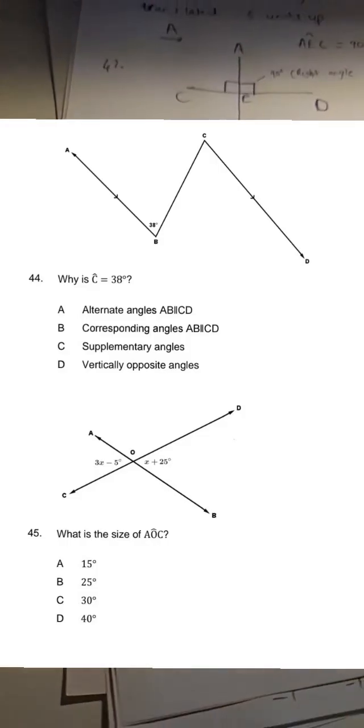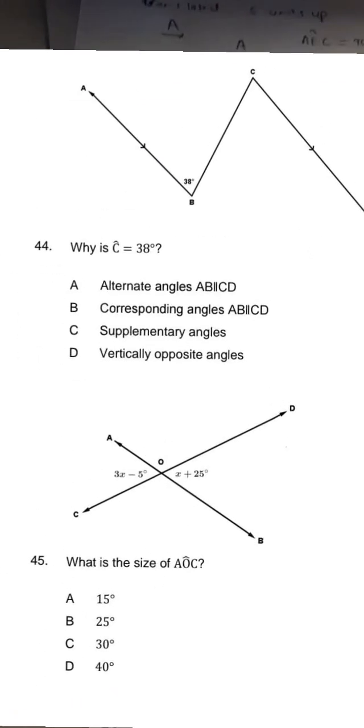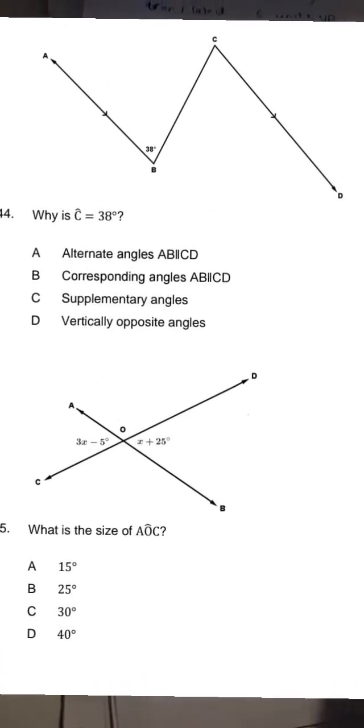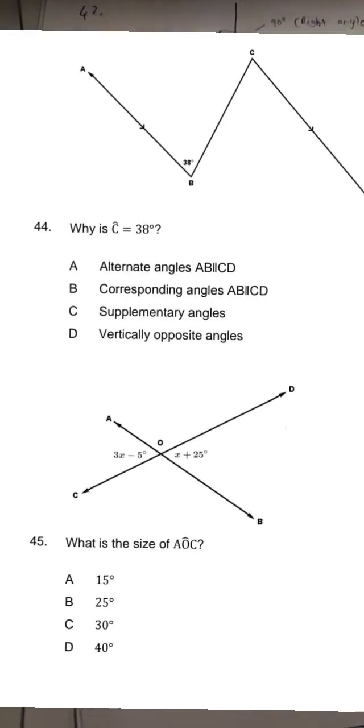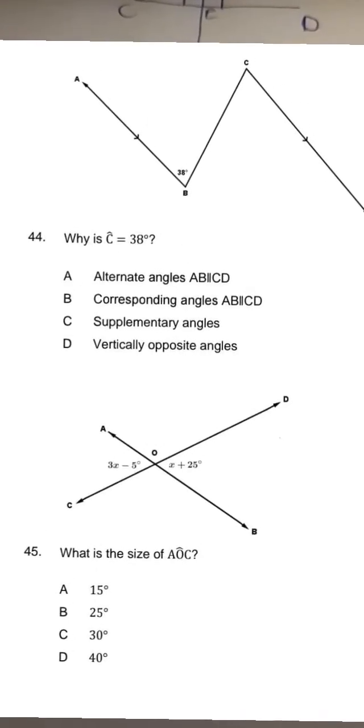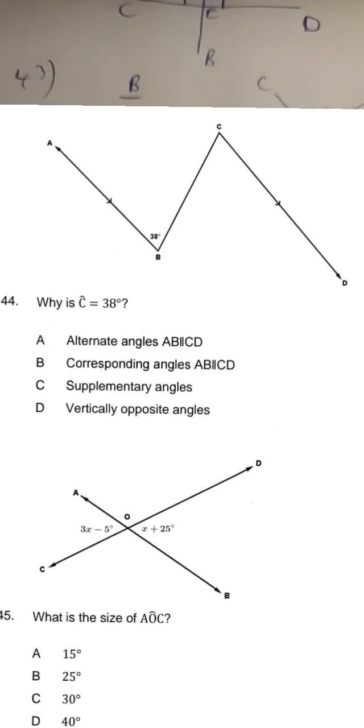There's A and B there, and there's C and D. And they are asking, why is angle C equal to 38 degrees? Now, where is angle C, guys? There is angle C.